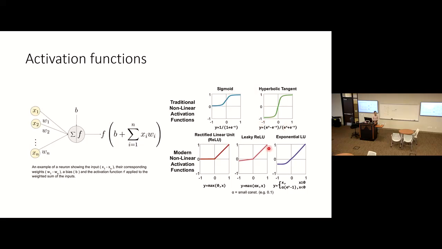There are different ways to transform your single number to give you the output. Okay, so this is a very simple, just one neuron. It can take input, aggregate information, and give output.